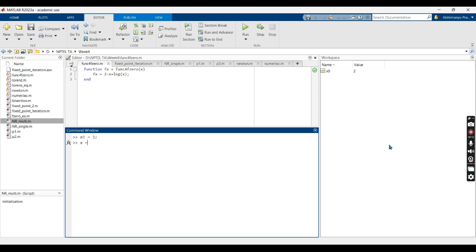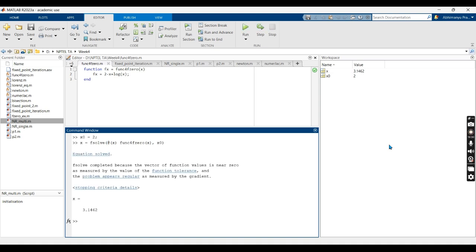Then my x should be fsolve, function handle, and the initial condition. Right? So we get the equation solved, and this is our value.